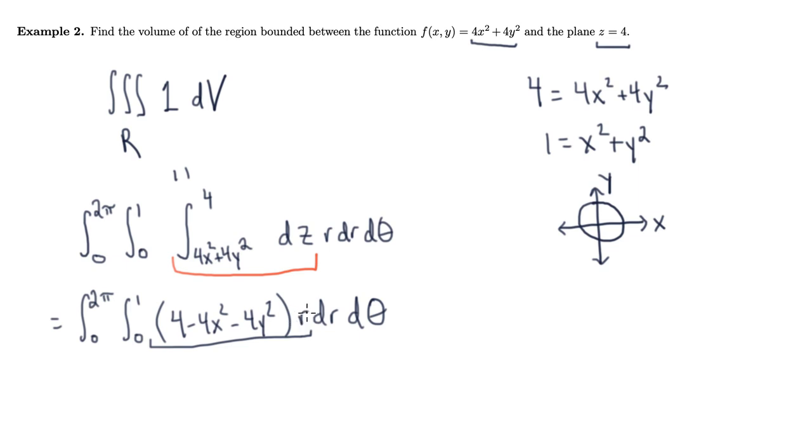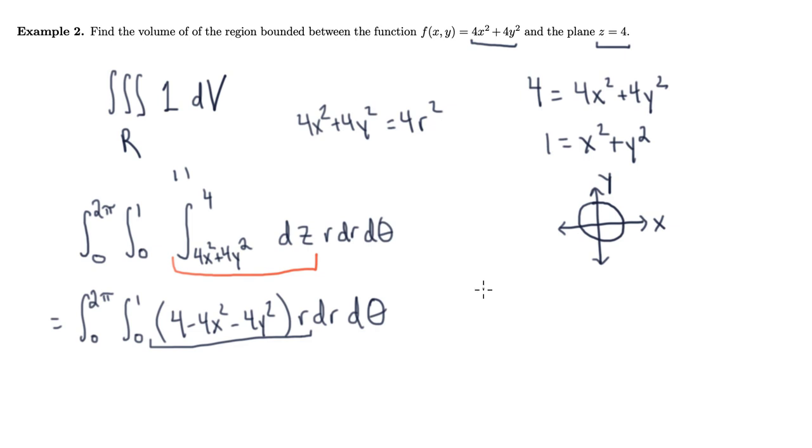Well, here's r. 4 is okay. But now x and y, I really need to convert to polar coordinates. So notice that we can be a little bit crafty here. 4x squared plus 4y squared is the same thing as 4r squared. So 4x squared plus 4y squared really is just 4r squared, like that.